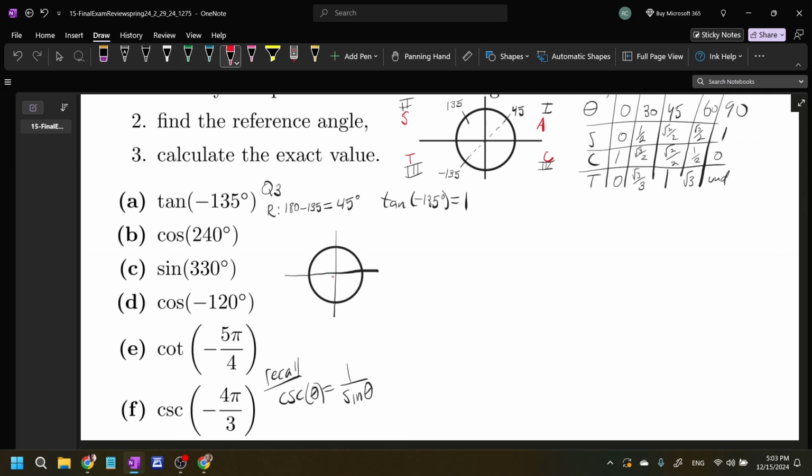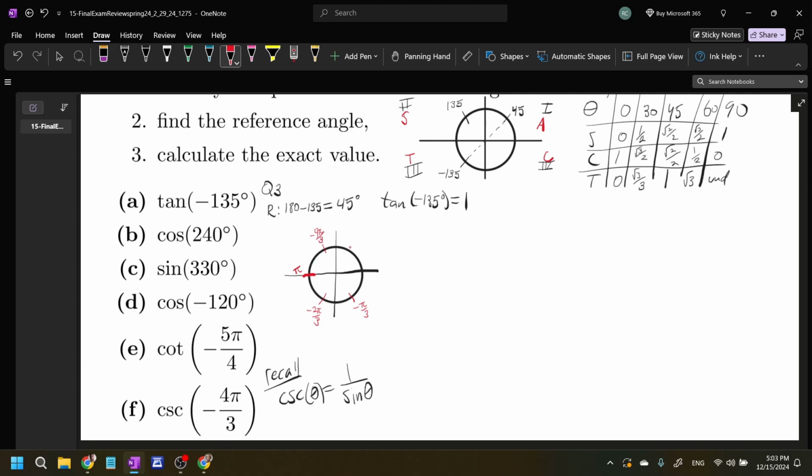Let's remember on a unit circle, pi is over here, which is 180 degrees. 1/3 of pi would be here on the negative side. So this is negative pi over 3. This is negative 2 pi over 3. And that means that up here, we've got negative 4 pi over 3.